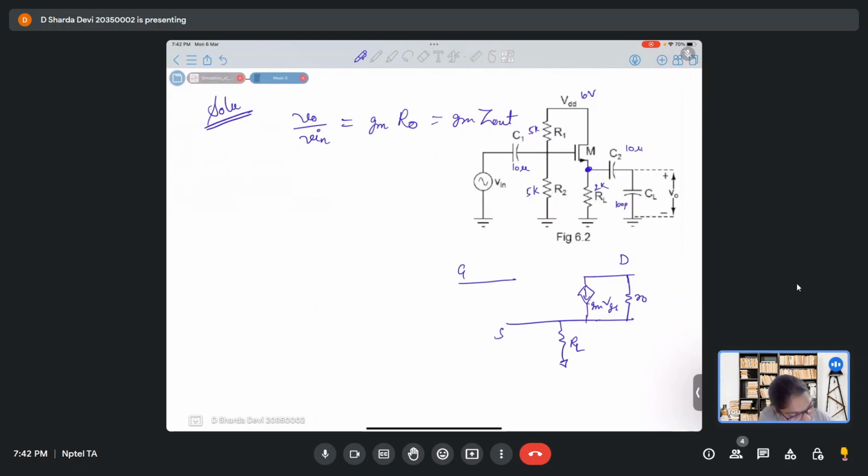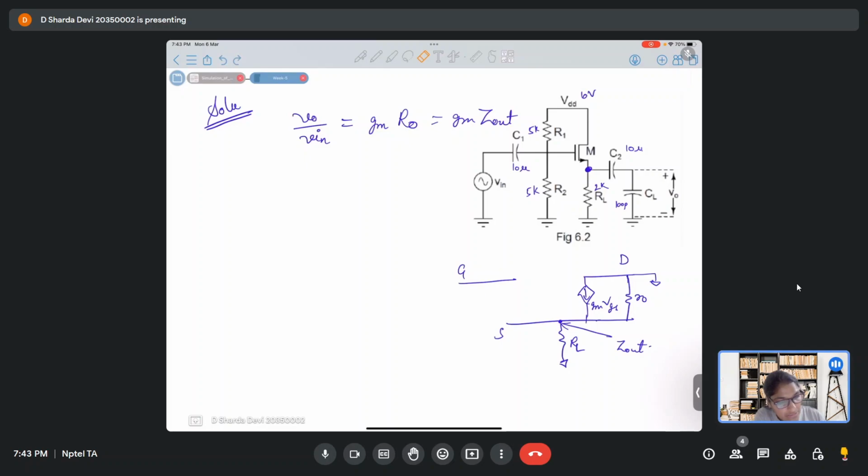From this point you will look for Z out, right? This will turn to ground. This will turn to ground. Actually, here it will be green.